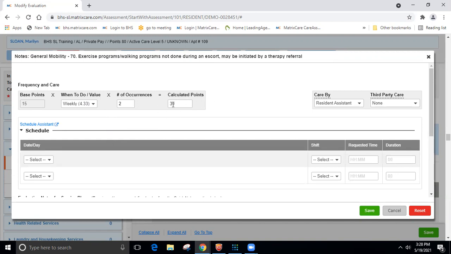These points are for daily, and so we have to remember to come in and change it to a 4 or a 6. So how you know that is a weekly service of 15 minutes is 2 points, and a monthly or a 30-minute service is 4. So we'll put 4 here. And then we'll put what days.